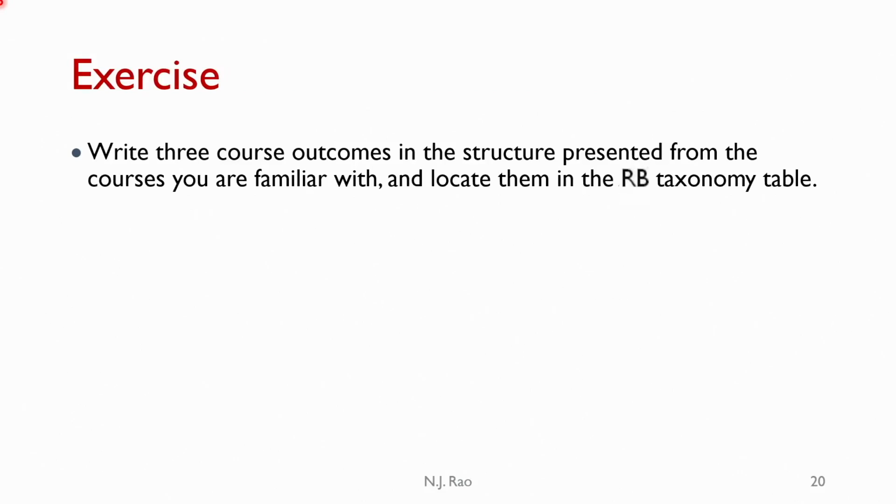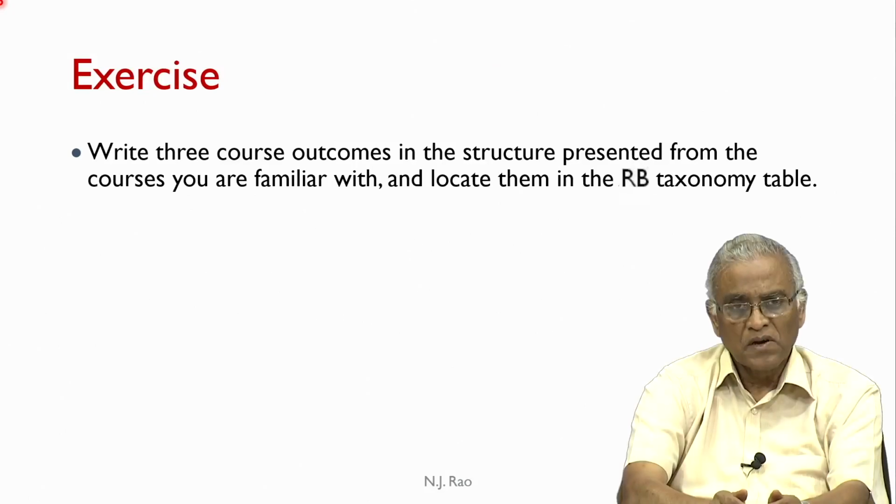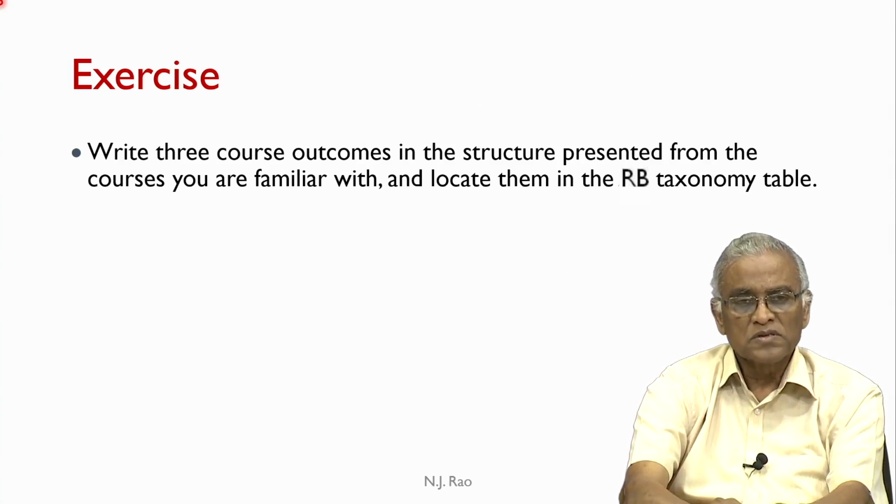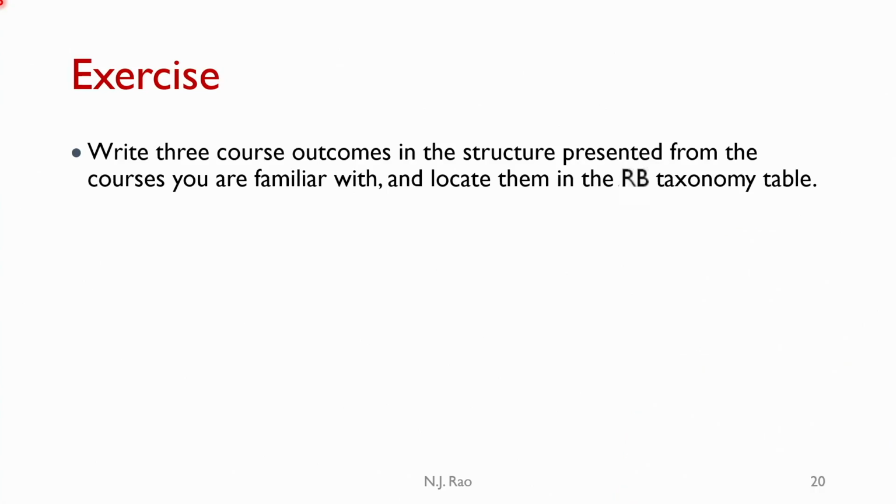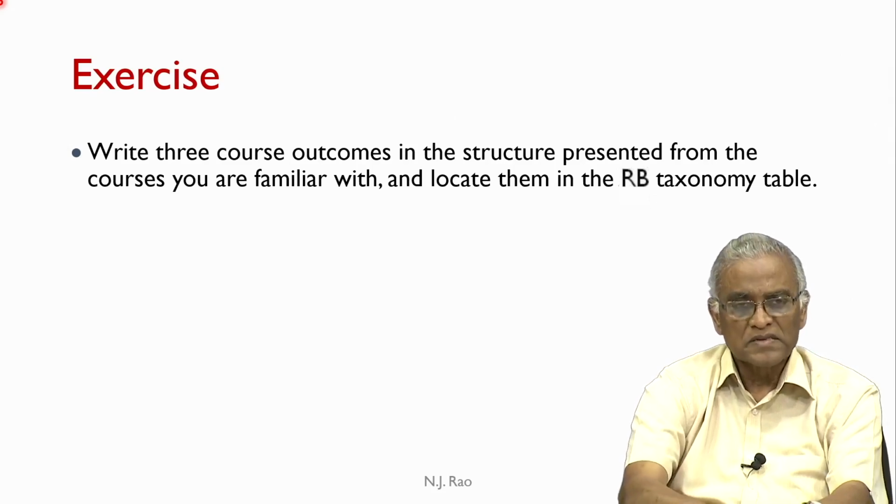Now, based on the knowledge presented till now, or based on the procedures that we have given till now, write 3 course outcomes in the structure presented from the courses you are familiar with and locate them in the revised Bloom taxonomy table. This is at the first level exercise.